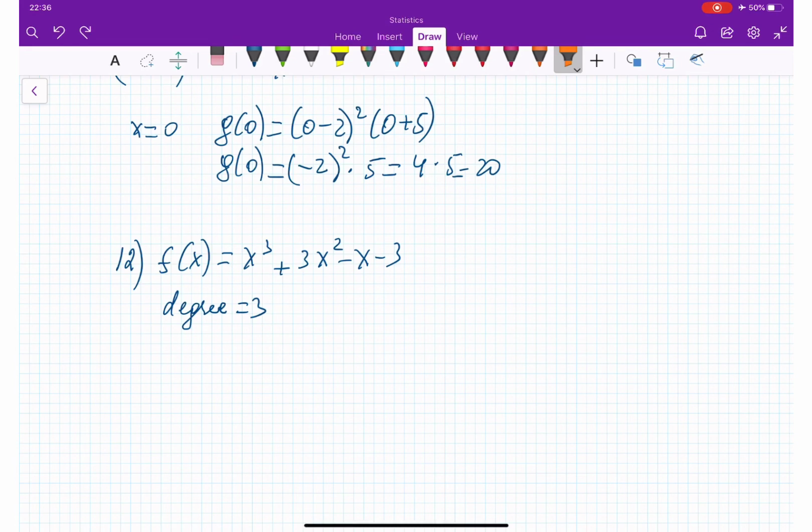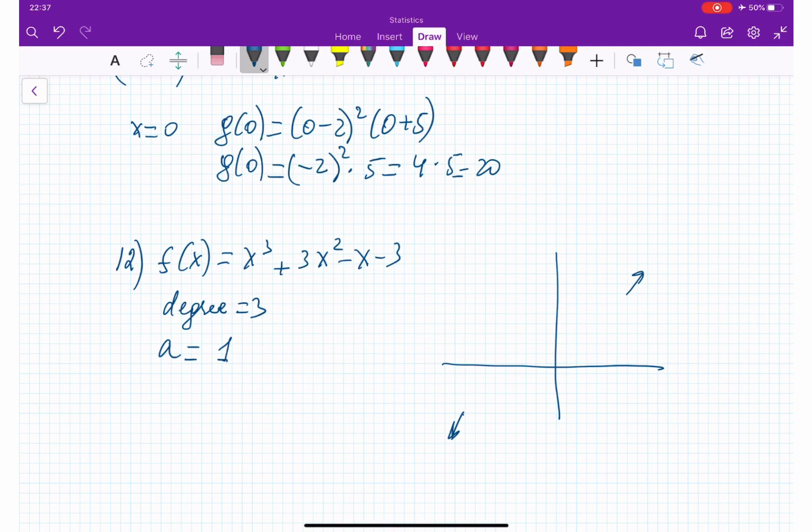And the coefficient a is going to be 1. So odd and positive, so end behavior goes like this and goes up like this.